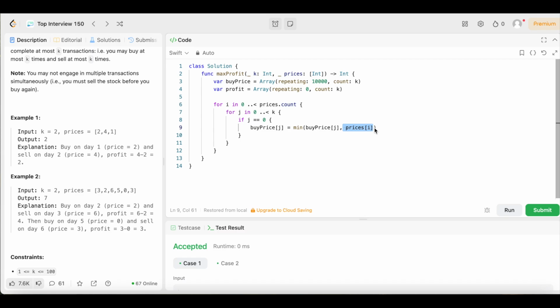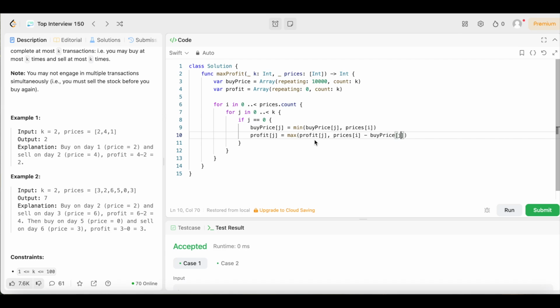Now we need to update the profit for the first transaction. So in order to do that, we could just say profit[j] equals max(profit[j], prices[i] minus buyPrice[j]).